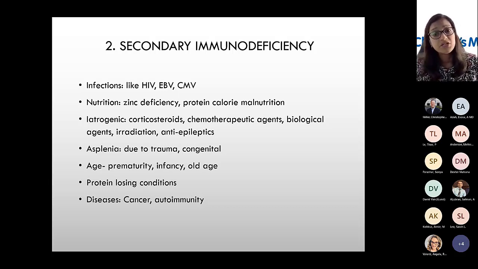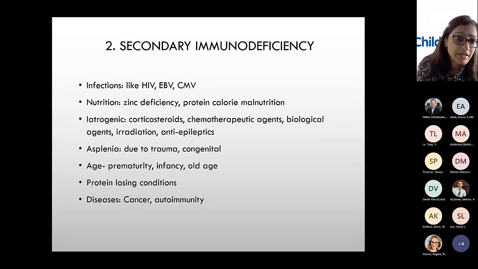But even simple medications like antiepileptics. So keep in mind, make sure you look at the medication list when a patient comes in for evaluation of low immunoglobulins or infections. Look at their medication list. Conditions like asplenia can also cause increased risk of some infections. We talked about age.